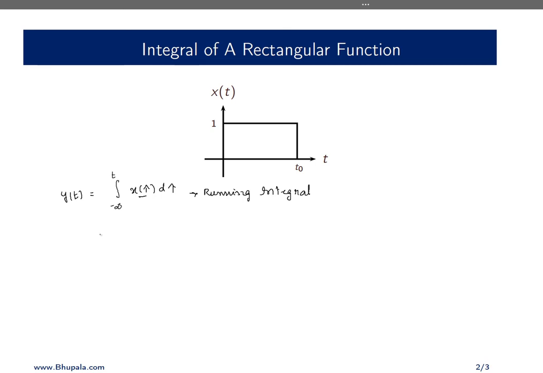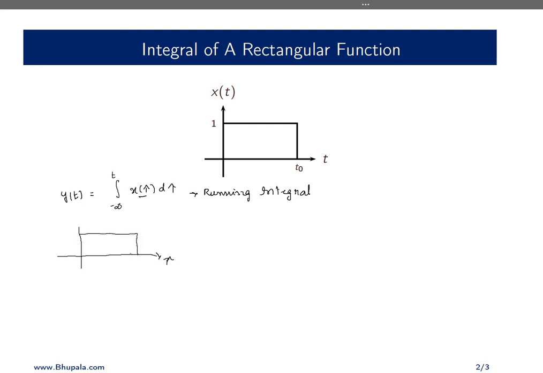Because the integral is with respect to tau, the first step is to convert everything into the tau domain, so let us redraw the plot with respect to tau. The plot remains the same, only the domain changes.